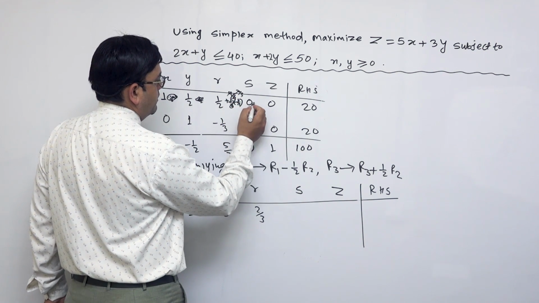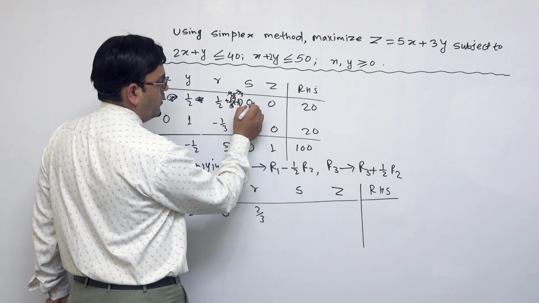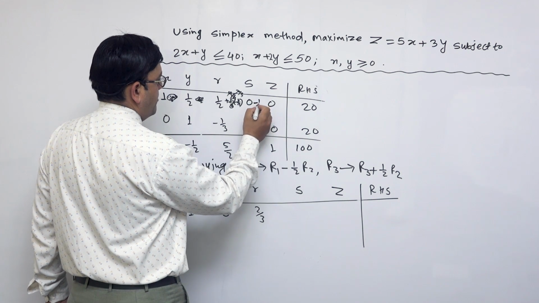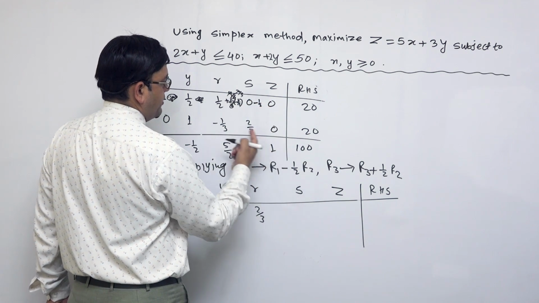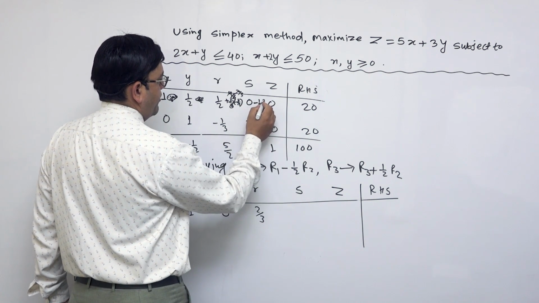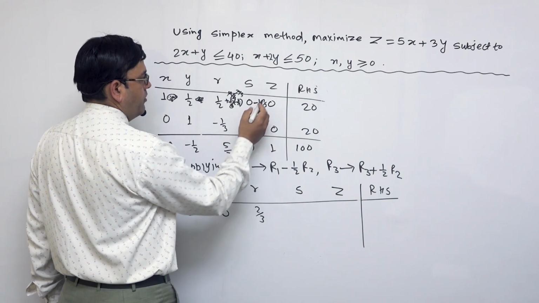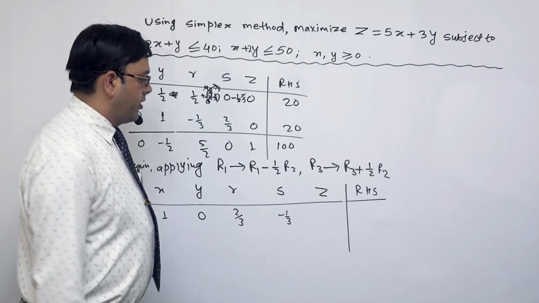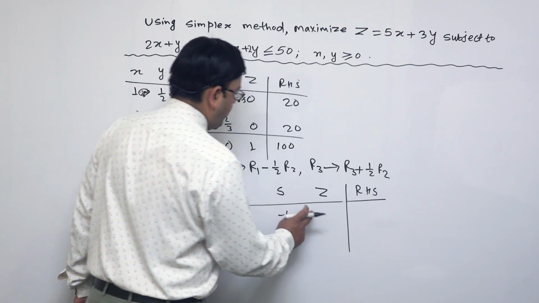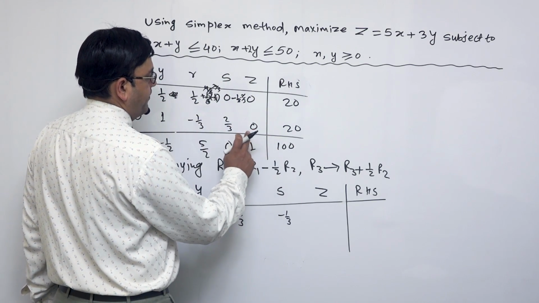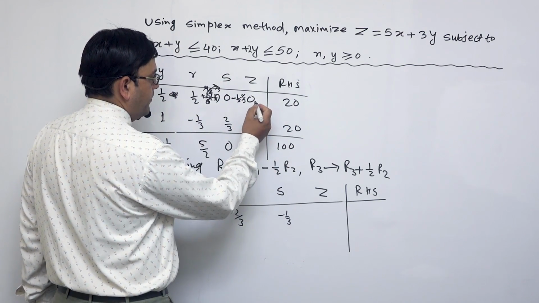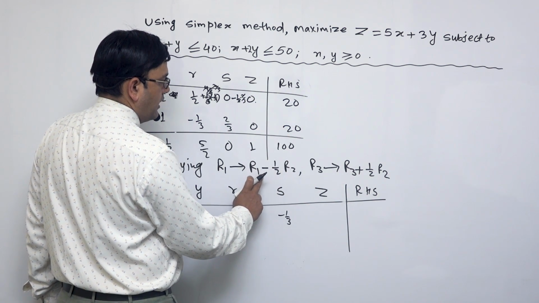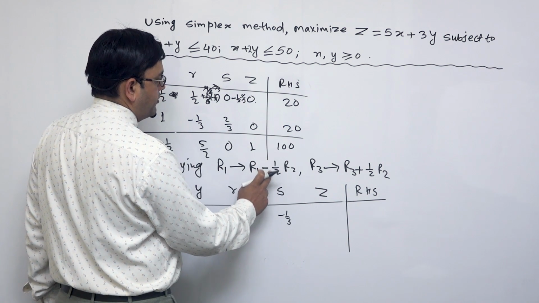2/3, यस्तै यसलाई हेरौं, this 0 minus 1/2 times 2/3, R2 भनेको त 2/3 हो, 2 to cancel, 0 minus 1/3 means minus 1/3. Now the next one is we have z here, we have 0, so R1 changes into 1 by 2 R2.